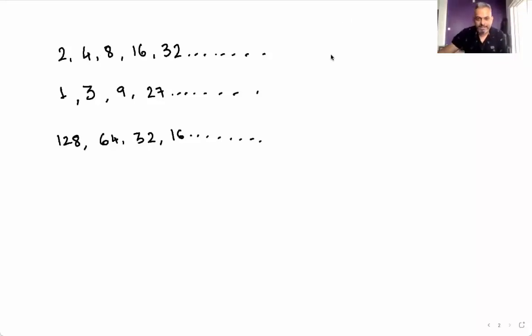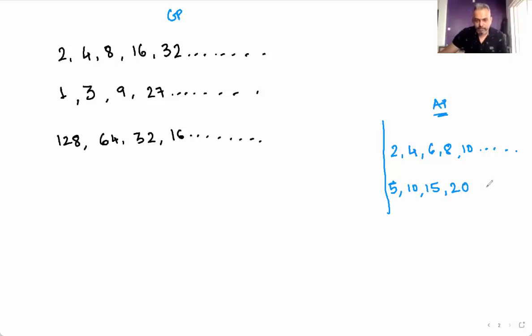Now, in your 10th standard, you had studied arithmetic progression. Now, what is this AP? These are all GP. AP was you start with a number, say 2. 2 plus 2, 4. 4 plus 2, 6. 6 plus 2, 8. 8 plus 2, 10. So on, so forth. You start with number say 5. 5 plus 5, 10. 10 plus 5, 15. 15 plus 5, 20.